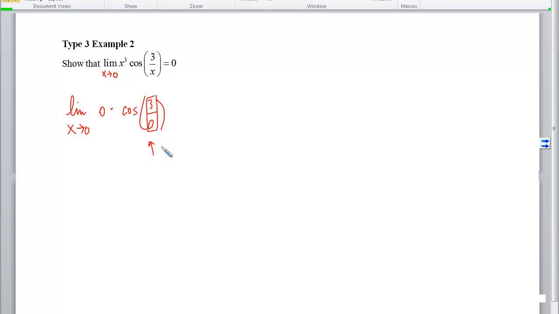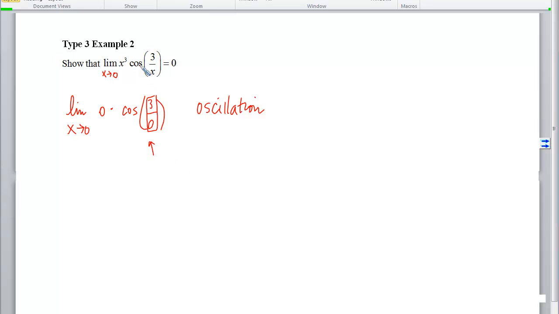We also see something that can't be fixed because the 3 will never cancel that x on the bottom, and we're trapped inside a trig, so we suspect there's going to be some sort of oscillation.